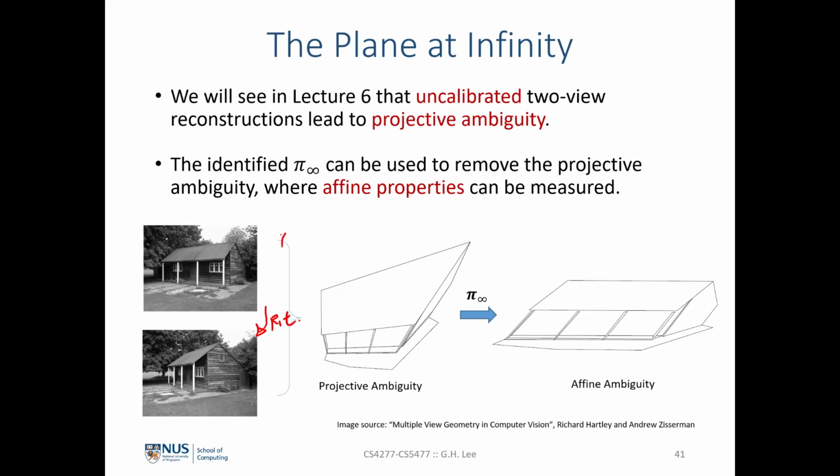This is when we look at what is called the fundamental matrix and the triangulation algorithm, and we'll be able to recover the 3D structure up to a certain projective ambiguity. And by making use of this plane at infinity, we'll be able to remove the projective ambiguity and recover the scene with an affine ambiguity here.